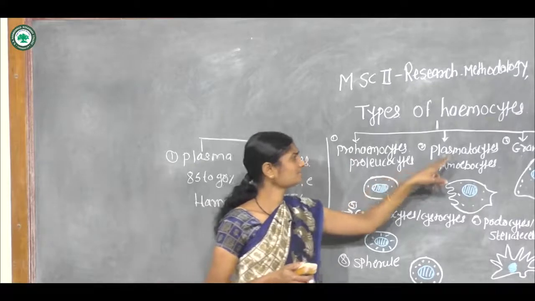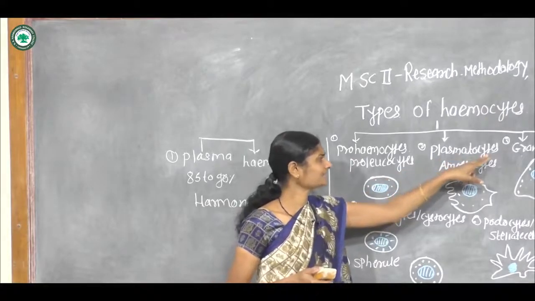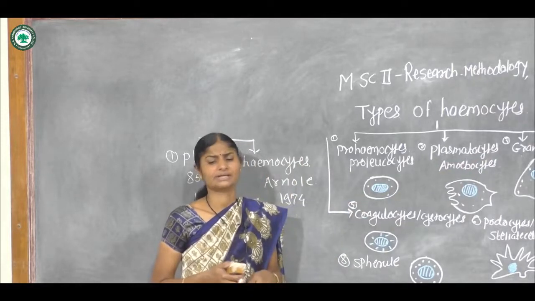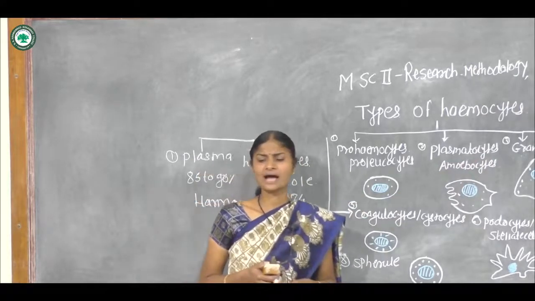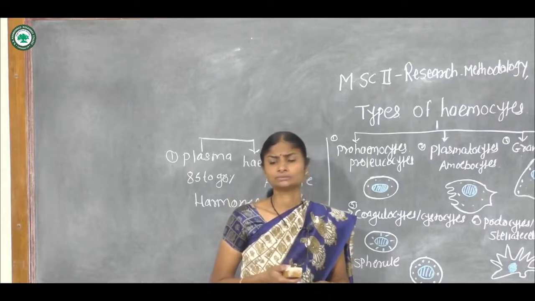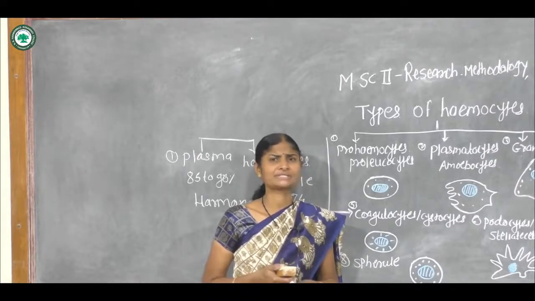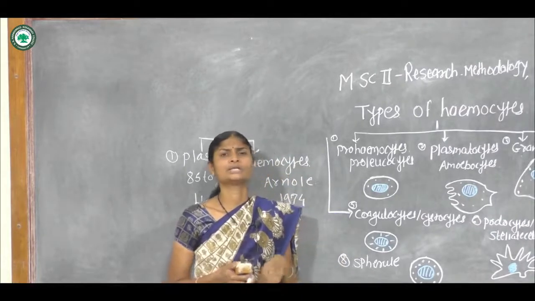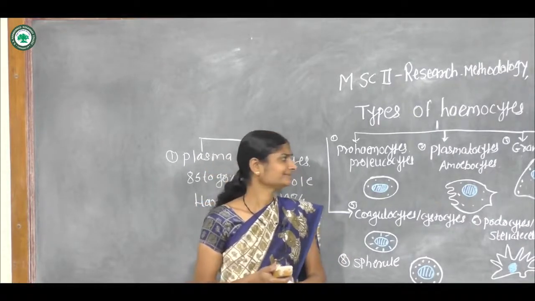Next type is plasmatocytes. It is also called amoebocytes, and these cells are abundant, comprising more than 30% of total hemocytes.